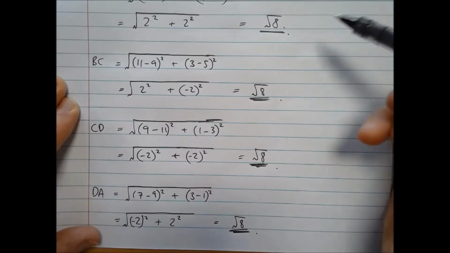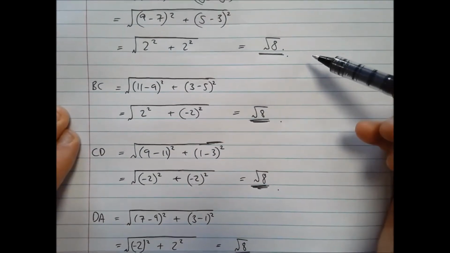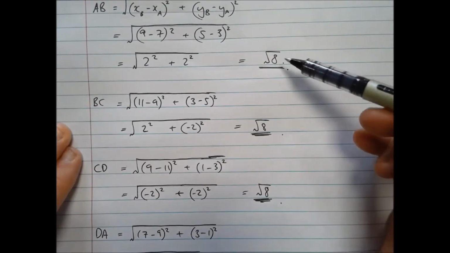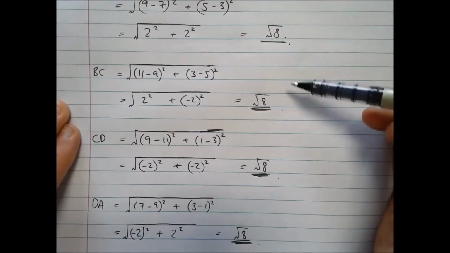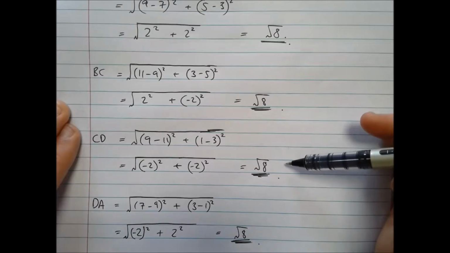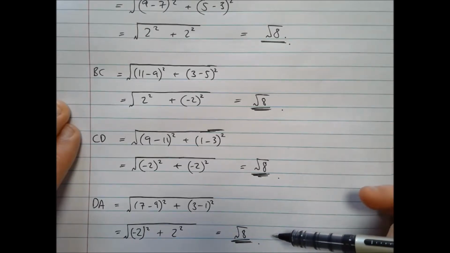Okay, so hence we've shown AB equals root 8, BC equals root 8, CD equals root 8, and DA equals root 8.